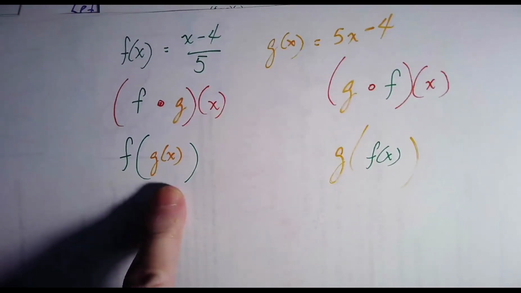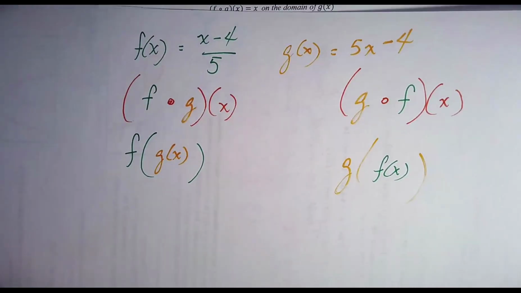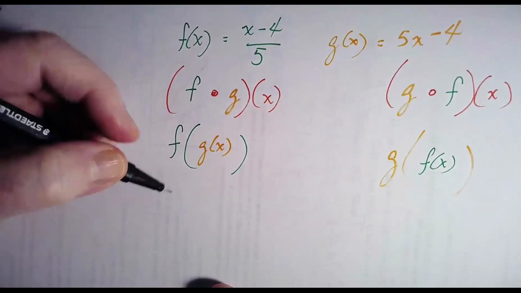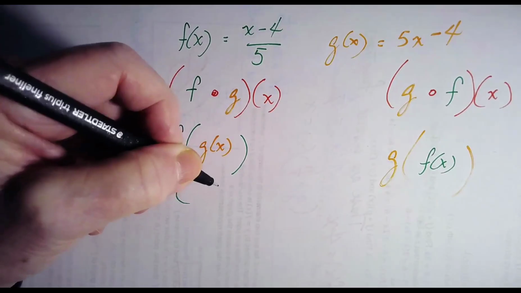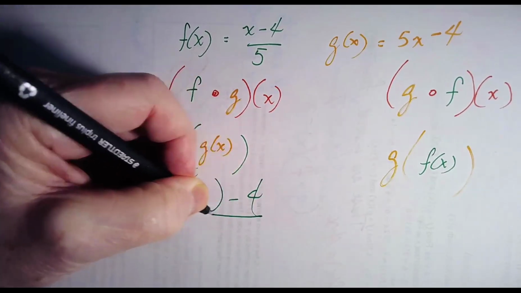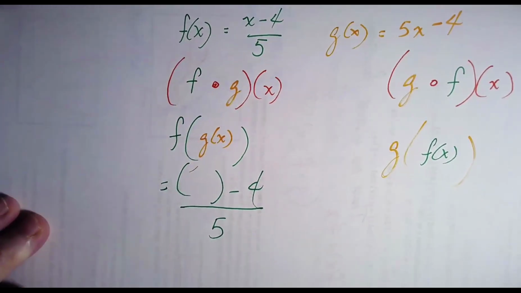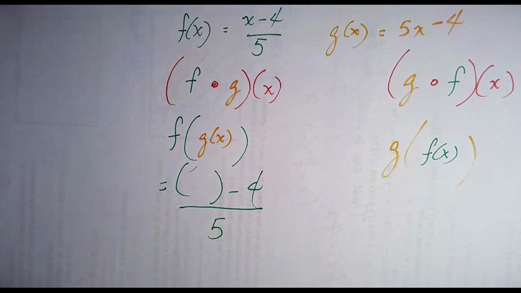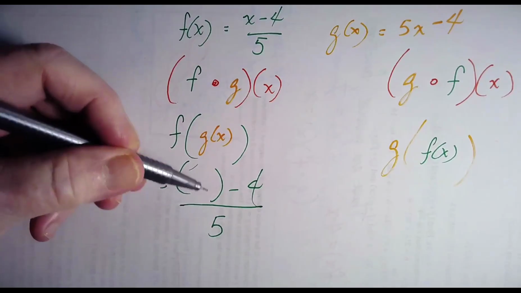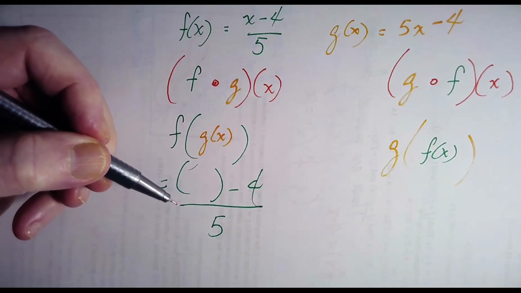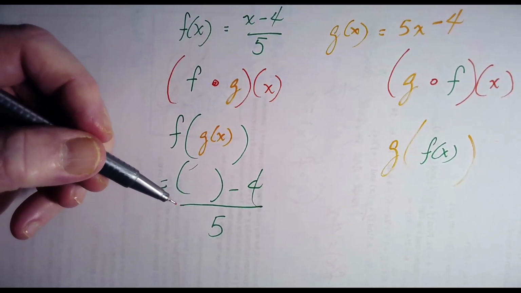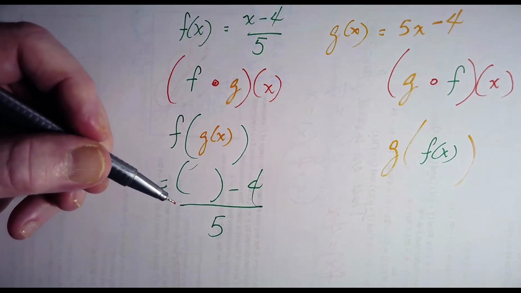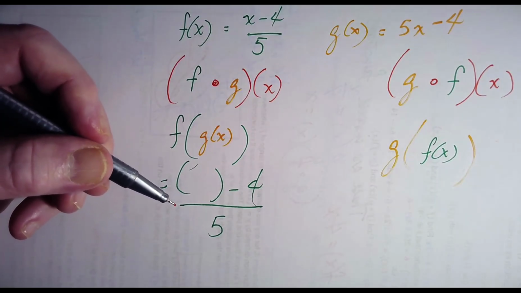Okay, so let's go back over here. Let's write the formula for F: (x minus 4) over 5. And instead of x, what am I going to put here? 5x minus 4.